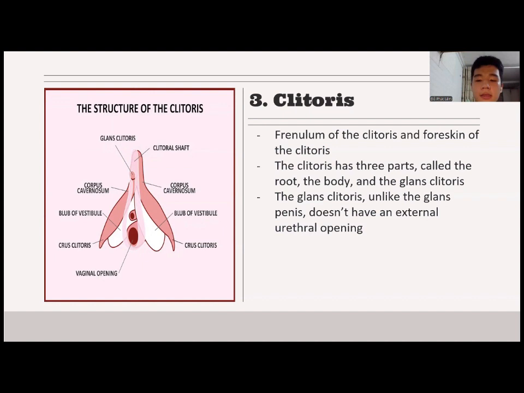The glans clitoris, unlike the glans of the penis, doesn't have the external urethral opening. This means that the clitoris doesn't have a urinary function and functions solely as an organ of sexual arousal. The glans clitoris is the most highly innervated portion of the clitoris and the only portion that can be seen externally.